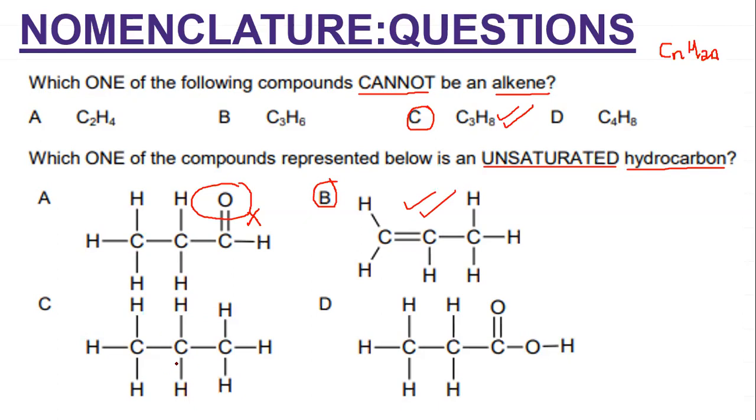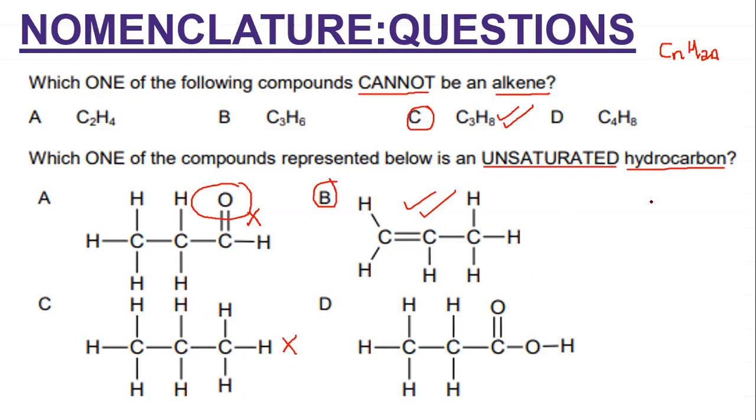Is this one correct? No, it's not correct. Is it a hydrocarbon? Yes, it is a hydrocarbon because it's only carbon and hydrogen atoms, but is it unsaturated? Our answer is no, it's not unsaturated. It is saturated because it has single bonds between carbon atoms. So that one is out.